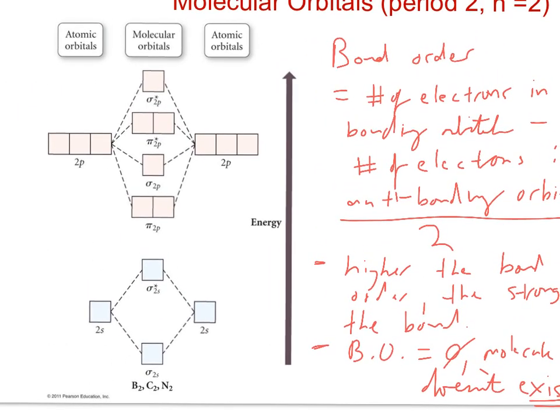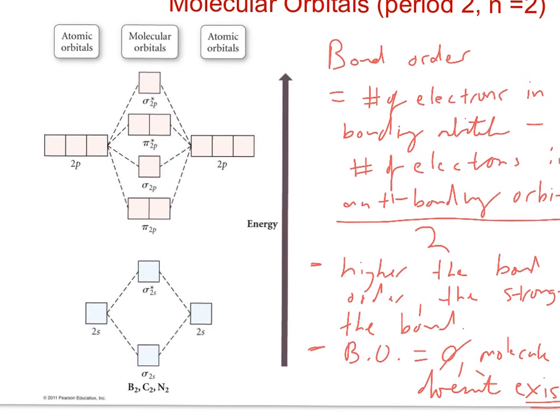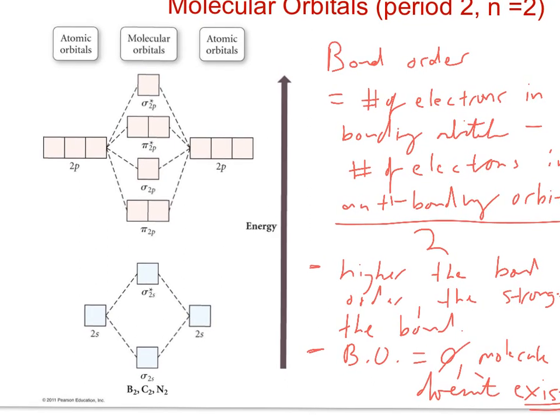So if we look at molecular nitrogen, we know that nitrogen has an electron configuration of 1s2, 2s2, 2p3. It has 7 total electrons, but we're interested in the valence electrons.